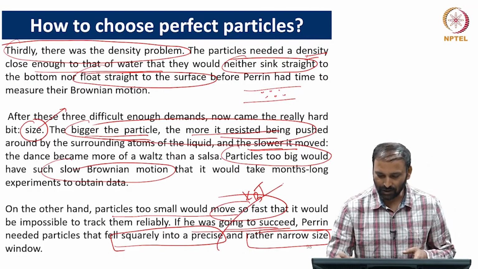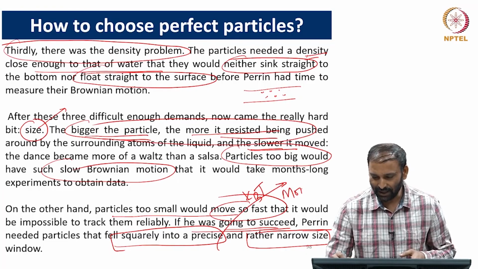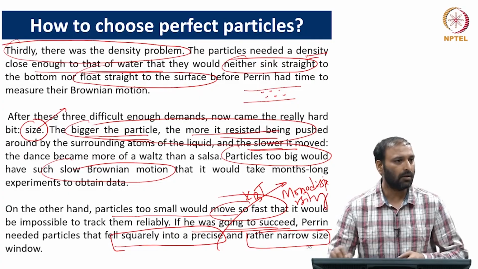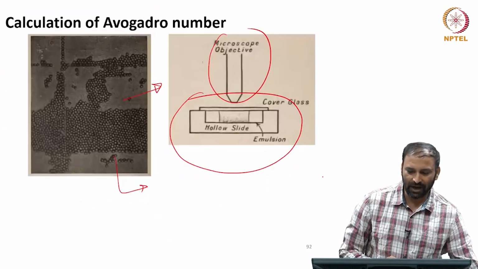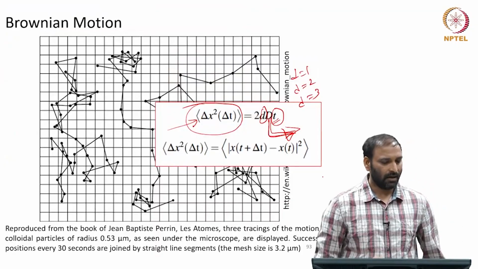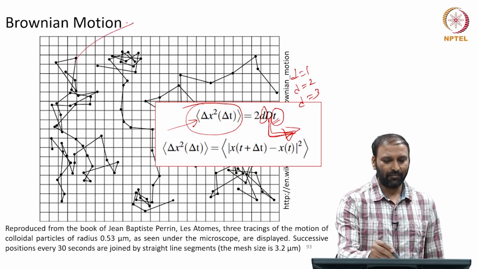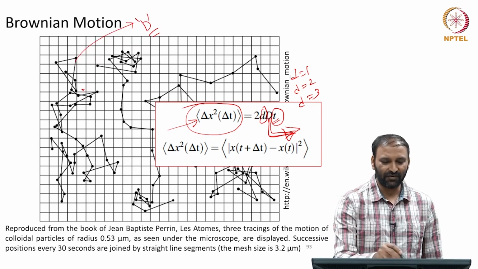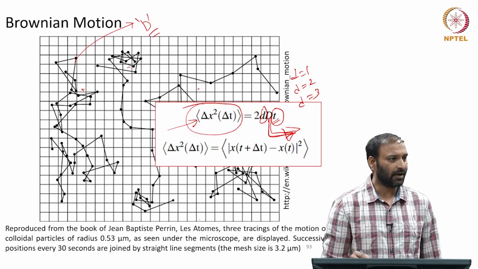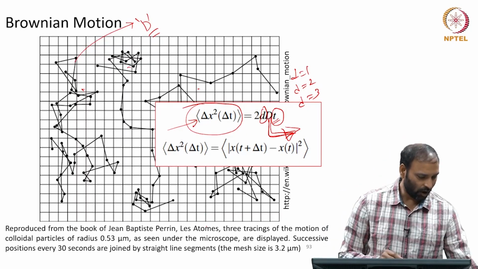And this again comes back to something that we have discussed, monodispersity, right. Imagine that I have tracked these particles, okay, and I have measured the diffusion coefficient. Now if they are of different sizes, then I am going to get different values, right.